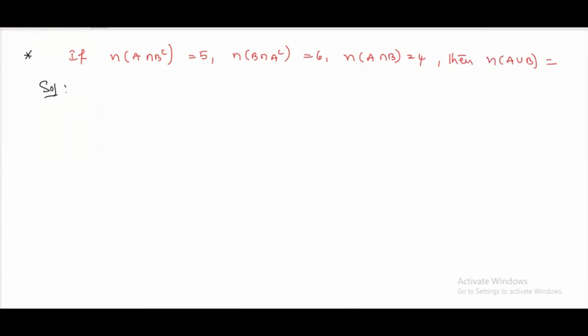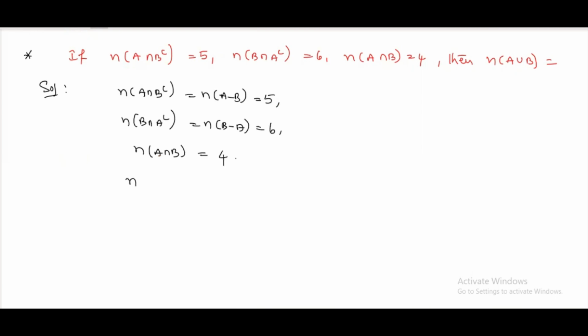From the given information, n(A intersection B complement) in the sense is n(A minus B), which is 5. And another one they have given, B intersection A complement, that means n(B minus A), which is 6. And they have given n(A intersection B) equal to 4. Asking to find n(A union B).